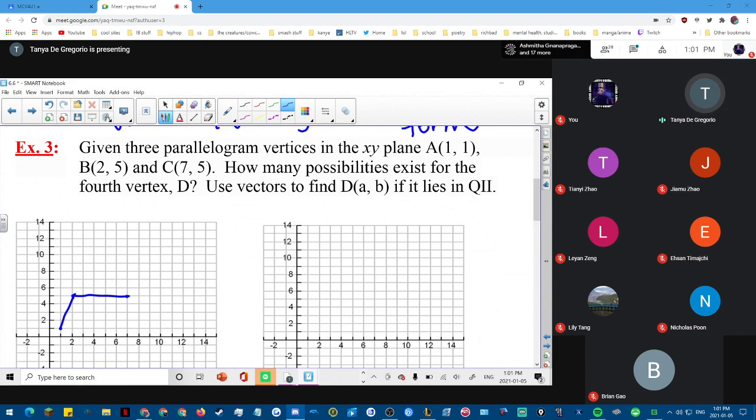So here I can find the slope, and whatever the slope is there, I just copy it over here, which happens to be over 1. So I'm going back 1, and we can see that it's on the same line. That's one possibility for D. What's another possibility for D? What do you guys think? Let me draw them again.